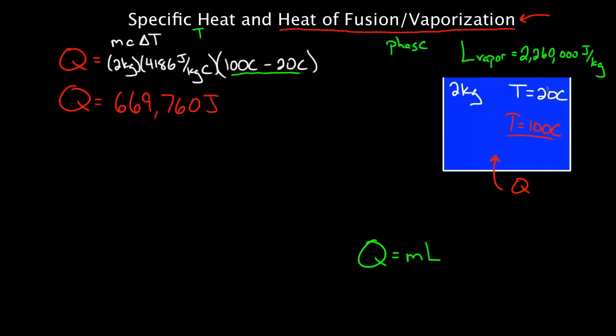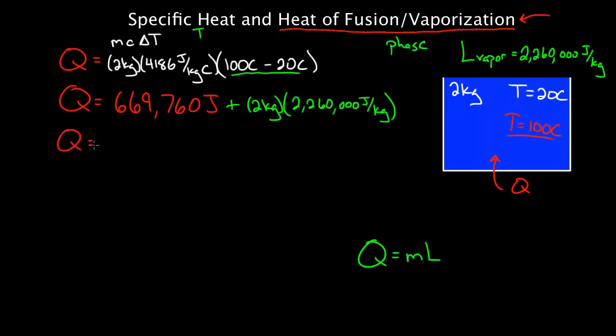So if I'm trying to get this water from 20 degrees turned into vapor, first I need to mc delta T, get it to 100 degrees Celsius, and then I need to add to that another amount of heat. An amount of heat m times L. The mass is 2 kilograms of this water. L for water is 2,260,000.